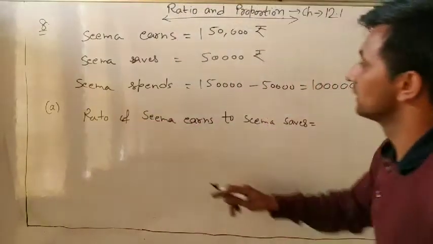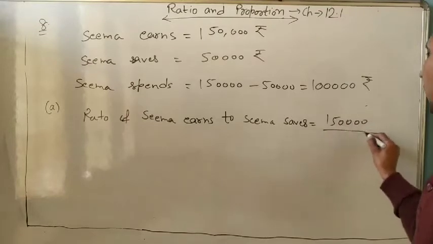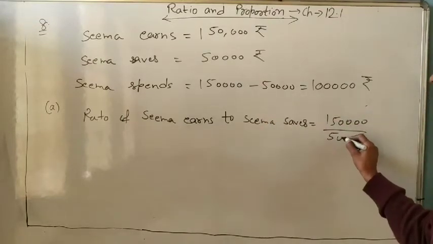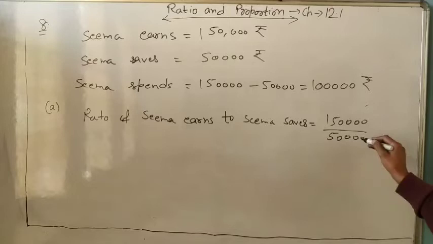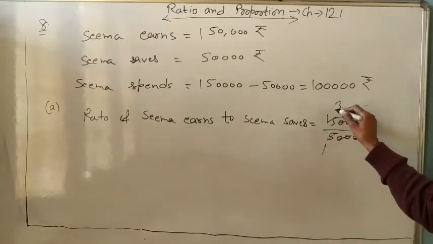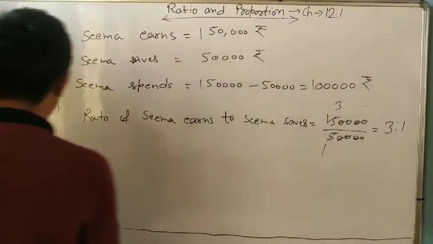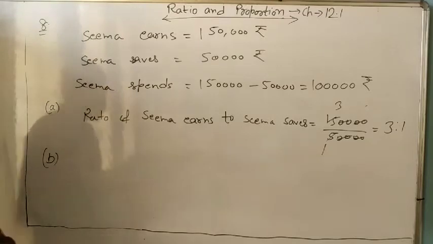So how much earns? 1,50,000 divided by 50,000. So 0s cancel, 5 1s are 5, 5 3s are 15. So what is the ratio? 3:1.